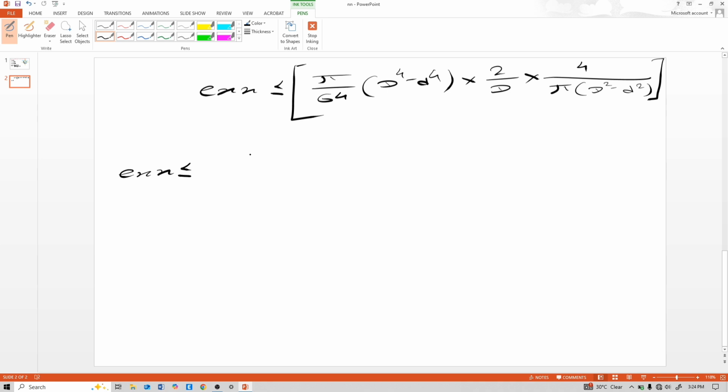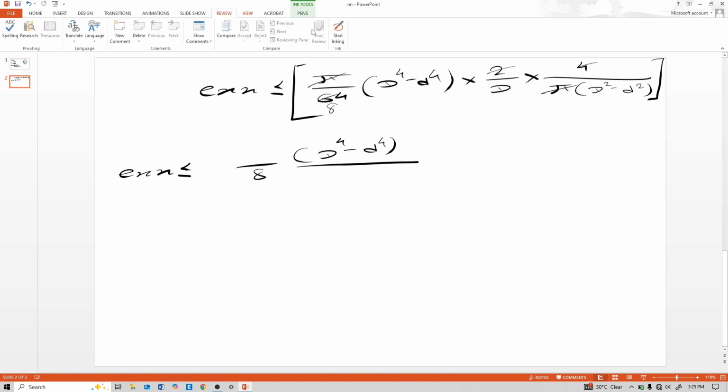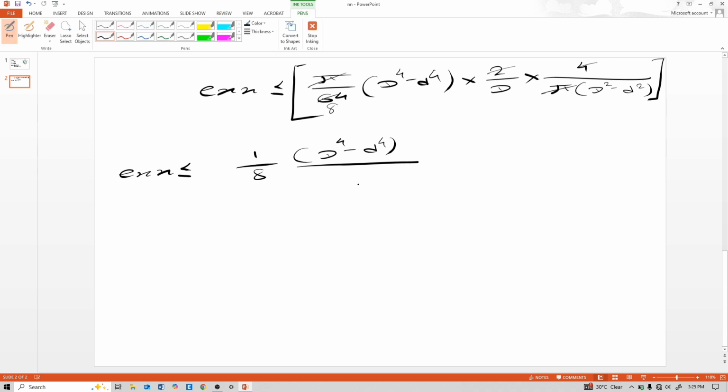So this is pi by 8 into D raised to 4 minus small d raised to 4, divided by D square minus small d square. See, this pi also gets cancelled, so no need to write pi here. Directly 1 by 8 into D. This D is remaining, and D square minus small d square, not 4.